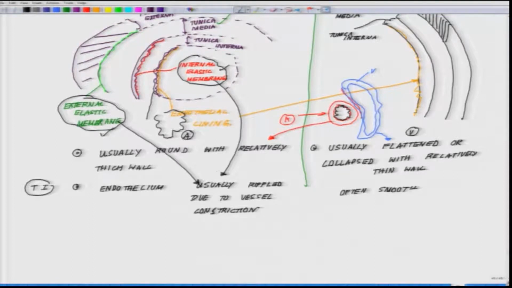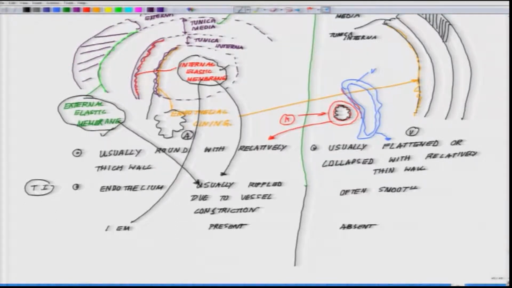The internal elastic membrane, IEM, is present in arteries, whereas the external and internal elastic membranes are absent in the veins.